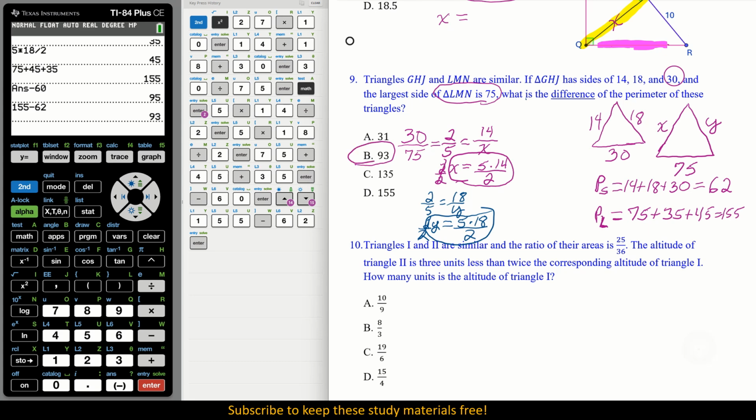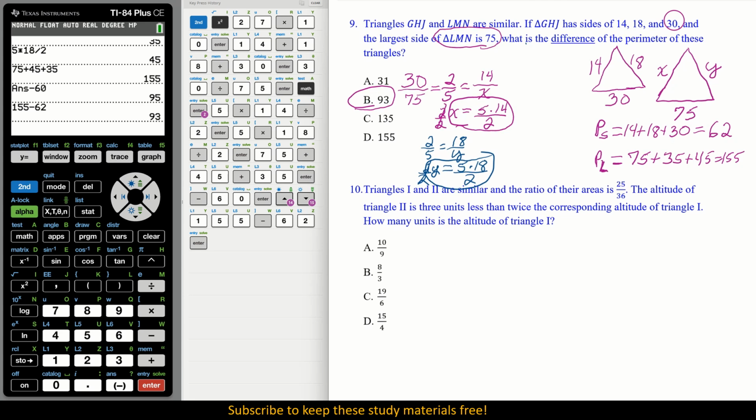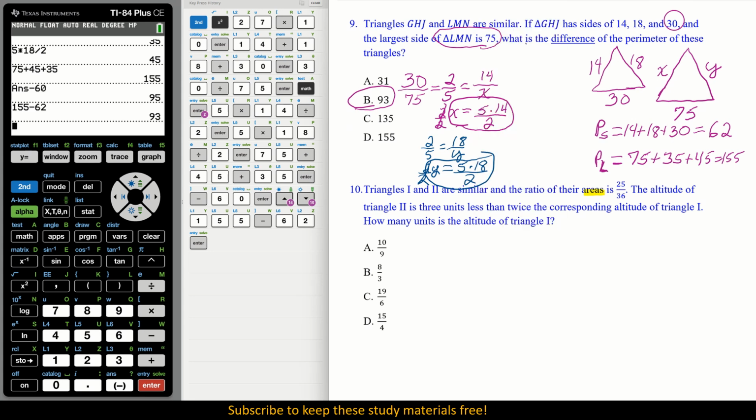Okay, let's go with number 10 now. Triangles 1 and 2 are similar, and the ratio of their areas, let's grab my highlighter, areas is 25 over 36.